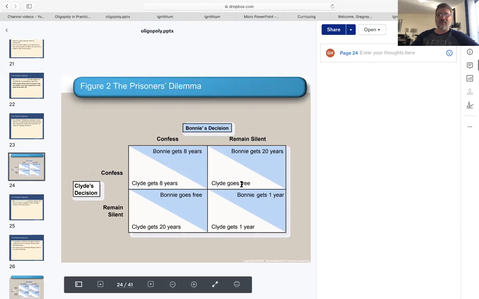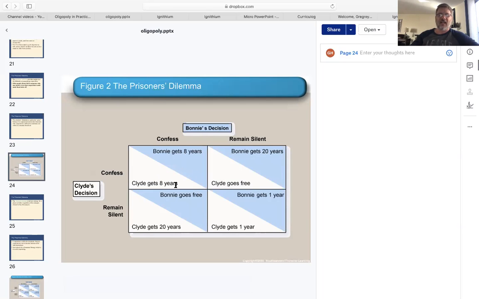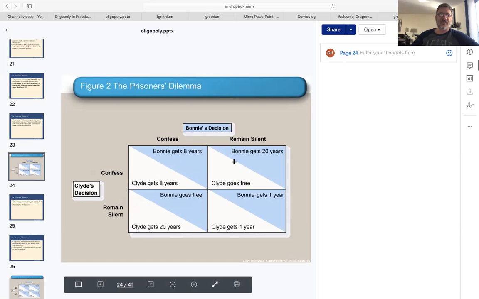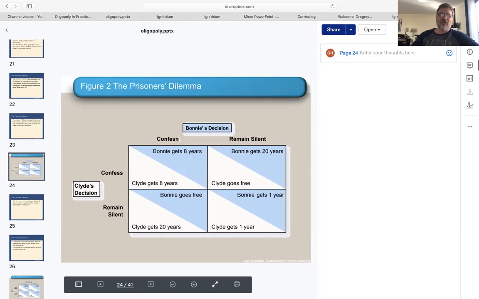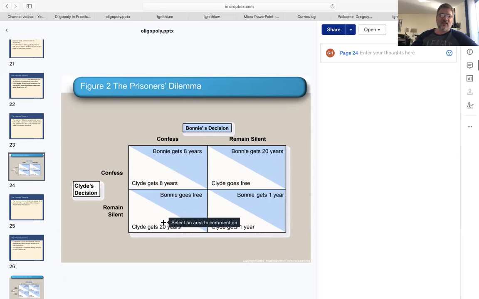So that's his dominant strategy, because it has a higher payoff in every possible situation he could face. But again, I want to emphasize the way you find the Nash equilibrium action, the action that's best, is you hold the strategy of one player constant, and then look for which action has the highest payoff for the player whose action you're trying to determine.